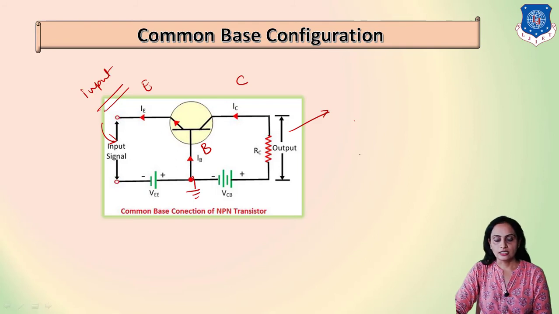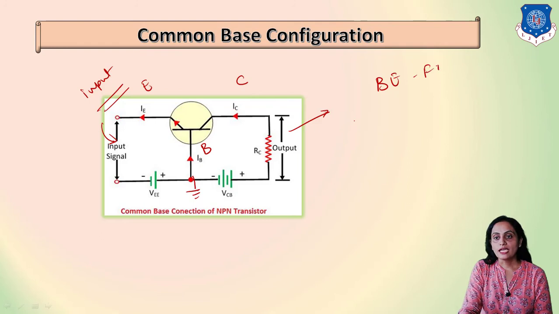So this is the common base configuration, where we are applying input at the emitter and taking output at the collector. And in order to bias this transistor configuration into the active region, we keep the base to emitter junction forward biased, and the collector to base junction reverse biased. Depending on that, as this is an NPN transistor, we have connected the battery.